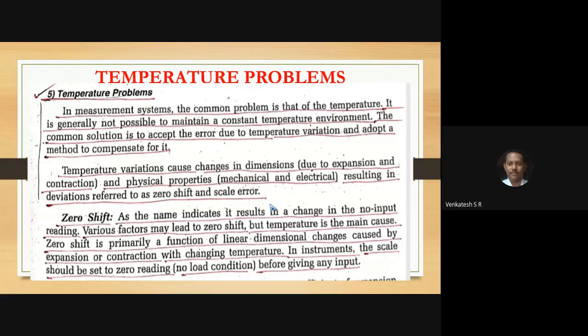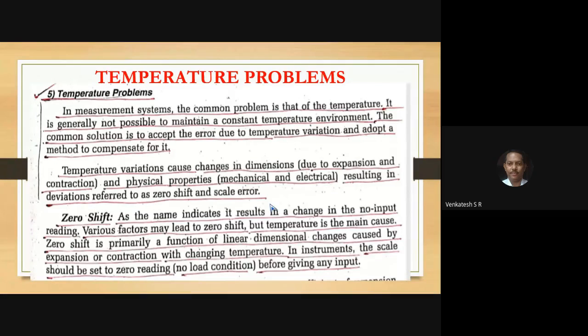Then come to zero shift. All of you have seen the pressure gauges used in an air compressor. For example, the gauge shows pressure from 0 to 10. The pressure of the tank is 4, but the pressure gauge shows 3.9 or 4.1. You require 4, but it shows 3.9 or 4.1.